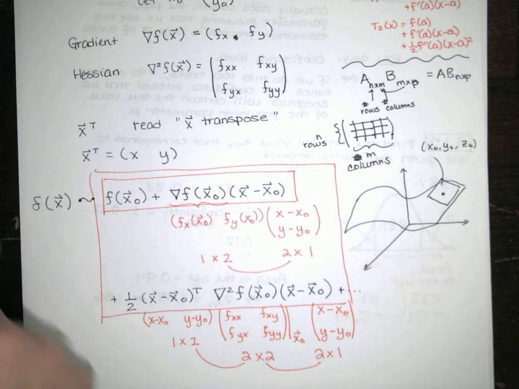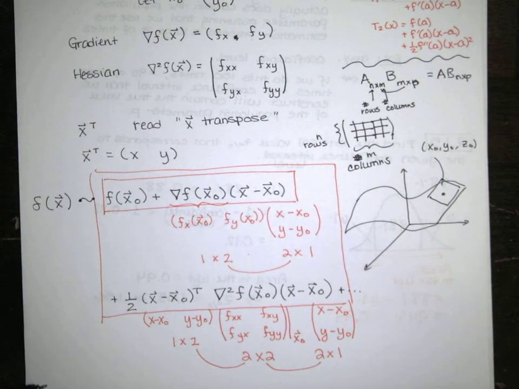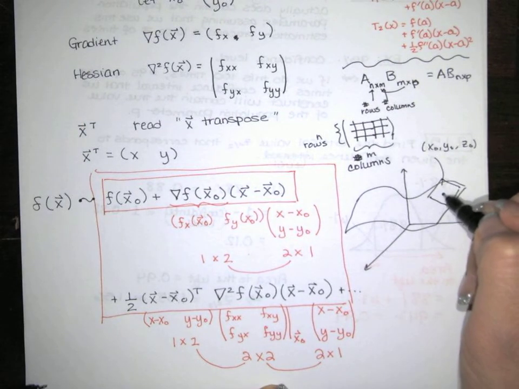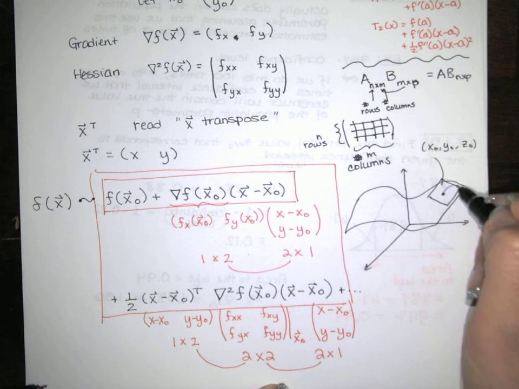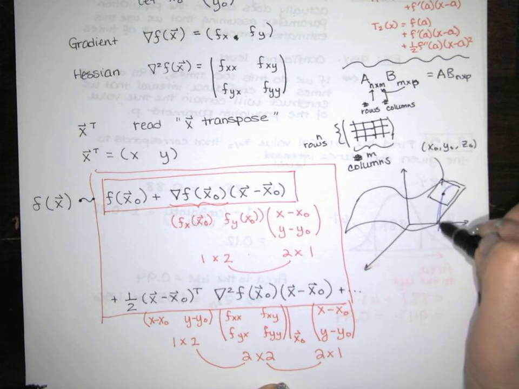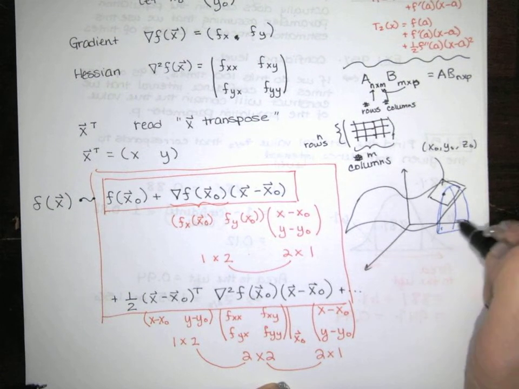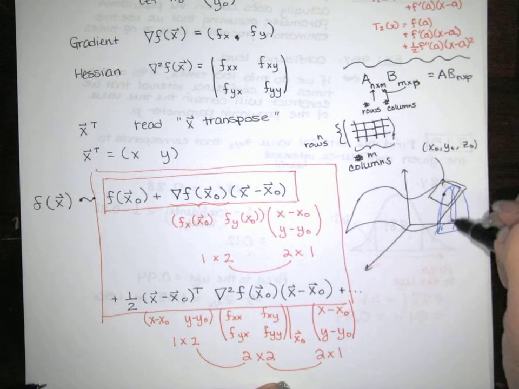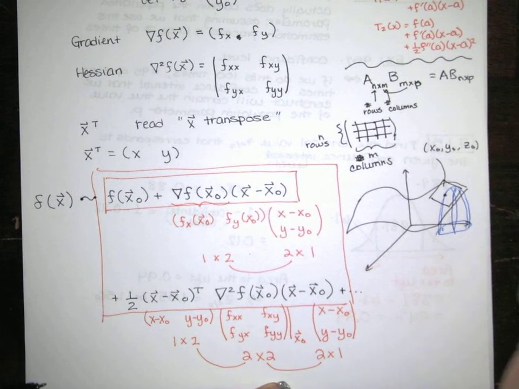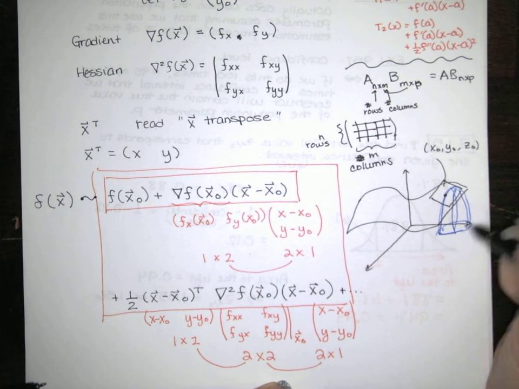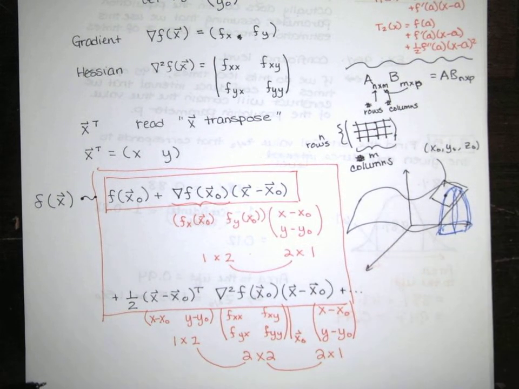So on the other side of this, I would see an elliptic paraboloid that fits over here. Maybe it looks like this. That's a really ugly elliptic paraboloid, something like that. And it fits against the surface and it passes through that point.